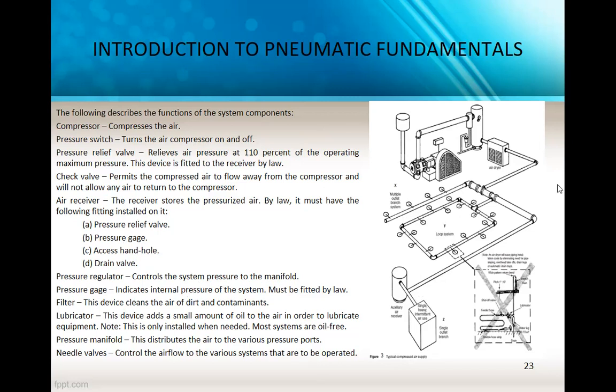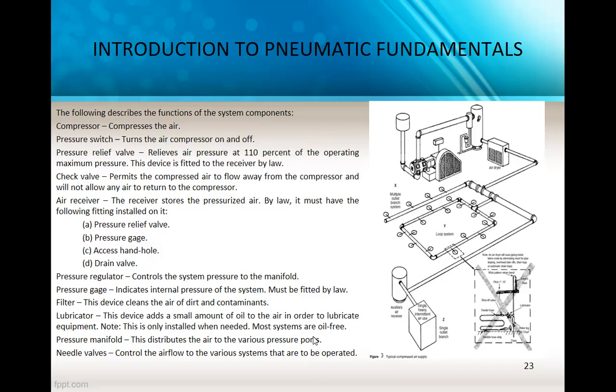Pressure regulator controls the system pressure to the manifold. Ito yung manifold. Pressure gauge indicates internal pressure of the system. Must be fitted by law. Kasi meron mga calibration niya. Filter, this device cleans the air of dirt and contaminants. Lubricator, this device adds a small amount of oil to the air in order to lubricate equipment. Note, this is only installed when needed.